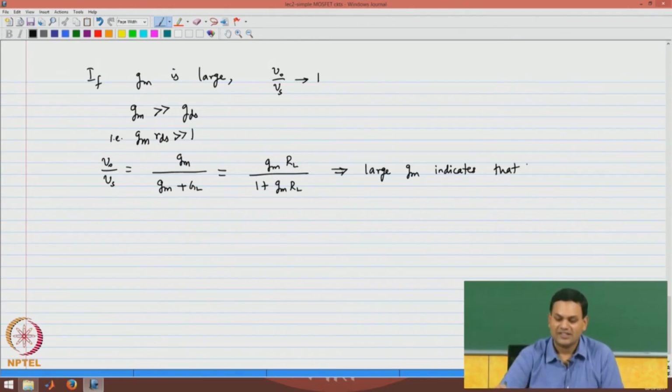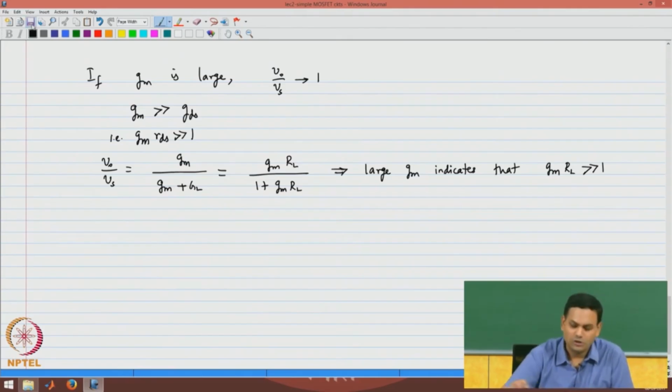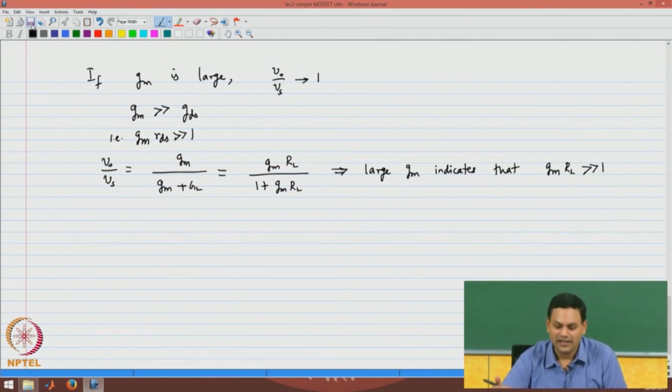If you want to be more specific, GM should be chosen large enough such that GM RL is much larger than 1. So, for a particular load resistance, GM should be chosen large enough such that GM RL is much larger than 1. Also, please note that the gain of the circuit is normally never greater than 1.